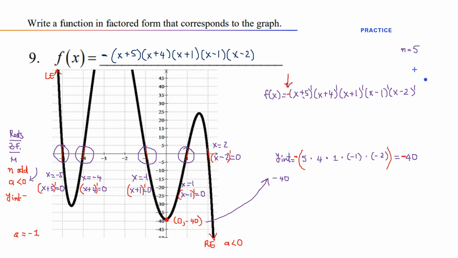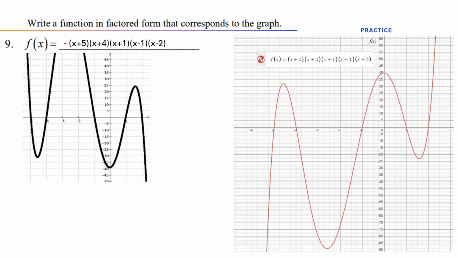Then we're done. Let's look at that question again and see what happens if we forgot the negative. You see that our y-intercept will be 40 instead of negative 40.